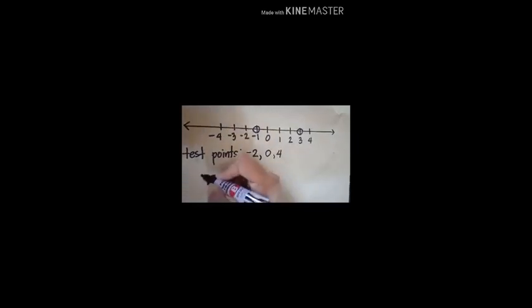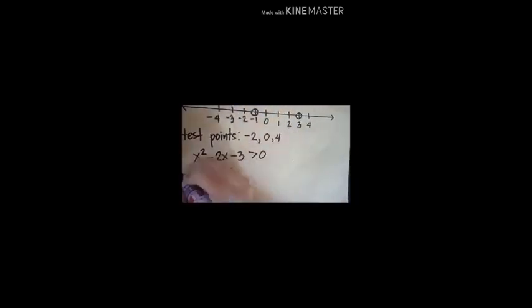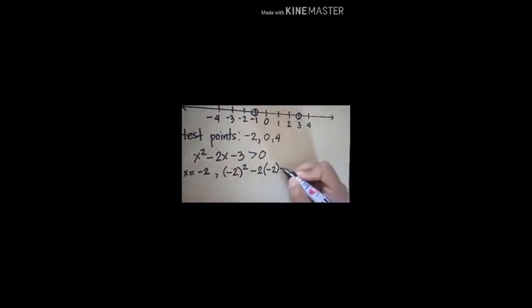So, our original inequality is x squared minus 2x minus 3 is greater than 0. If x is equal to negative 2, therefore we have to change all the x's by negative 2. So we have negative 2 squared minus 2 times negative 2 minus 3, is it greater than 0?